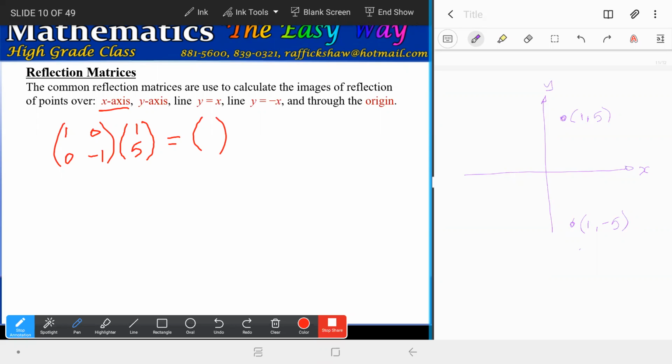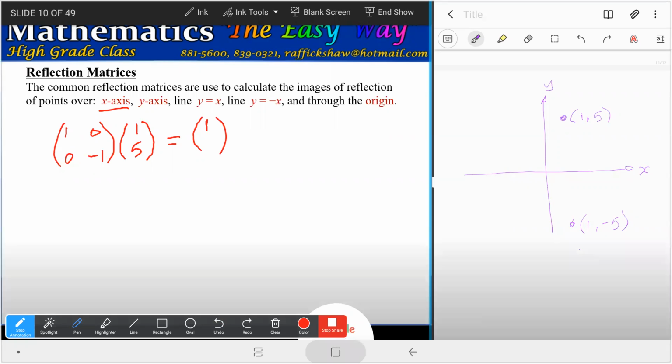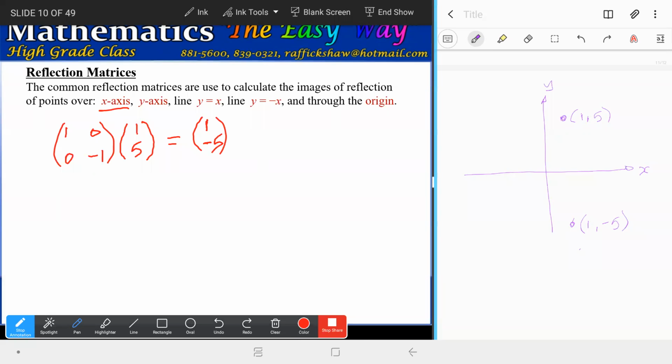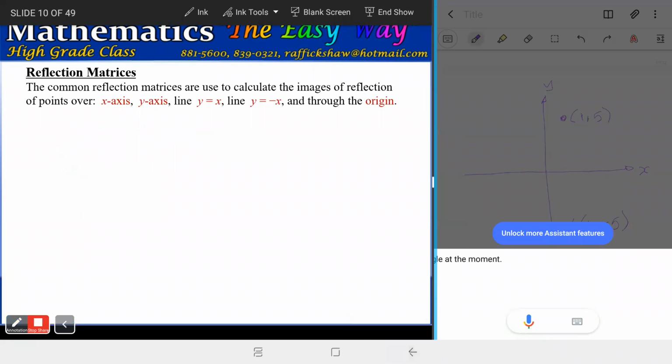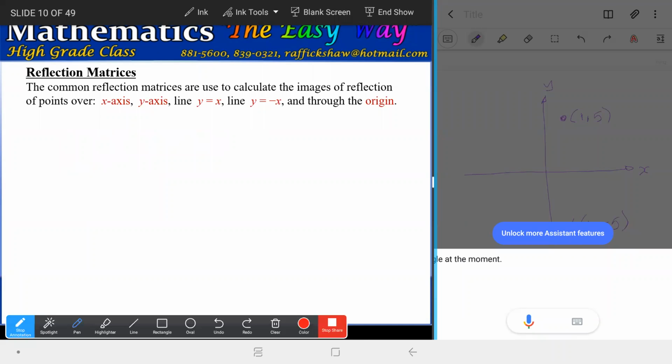If I multiply this out, 1 times 1 is 1 and 0 times 5 is 0, so the top value is 1. For the bottom value, it's 0 times 1, which is 0, plus -1 times 5, which is -5. So you see that this matrix does the calculation for you. That is the point that I'm trying to make.